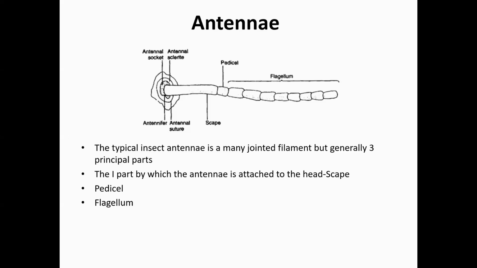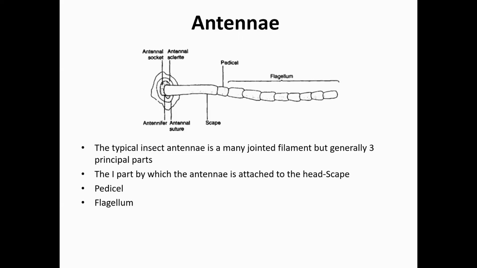The antenna basically consists of three segments. The first part is known as the scape, the second part is the pedicel, and the third one, which is many segmented, is known as the flagellum.